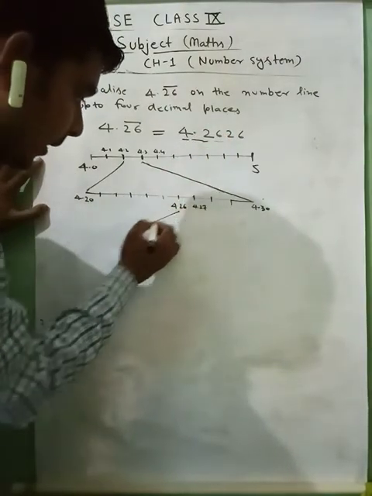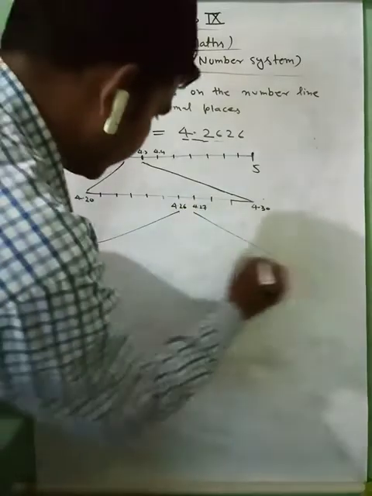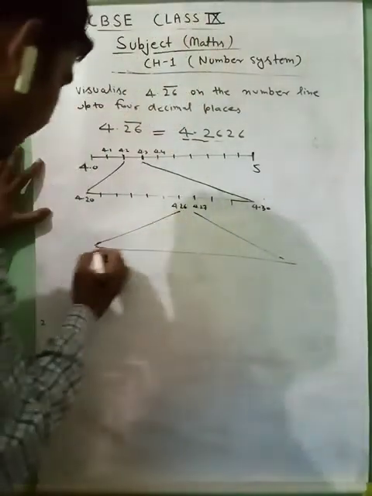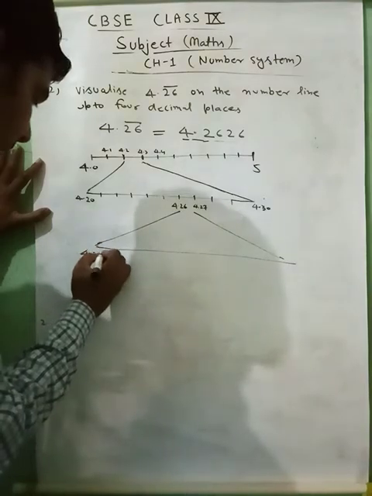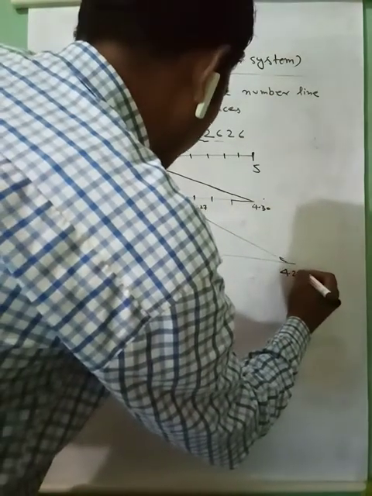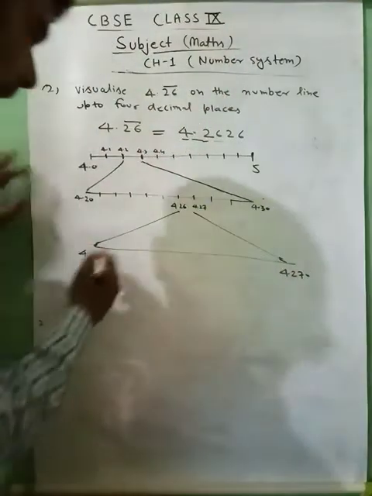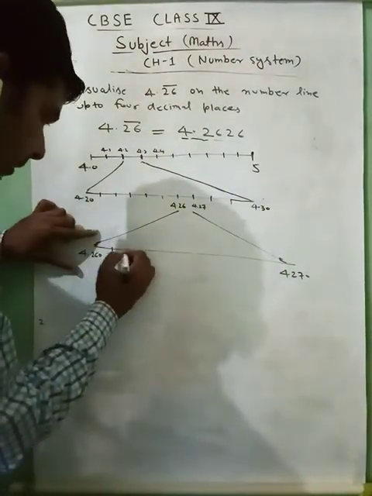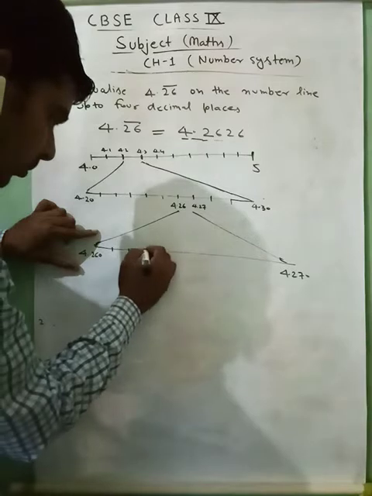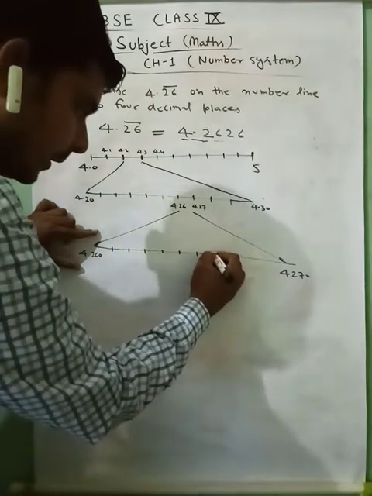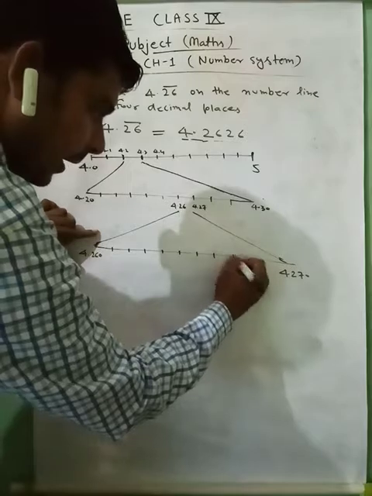So it will be again like this. It is 4.260 we can write, and it will be 4.270. Again this distance will be divided into 9 equal parts. It means 1, 2, 3, 4, 5, 6, 7, 8, 9.